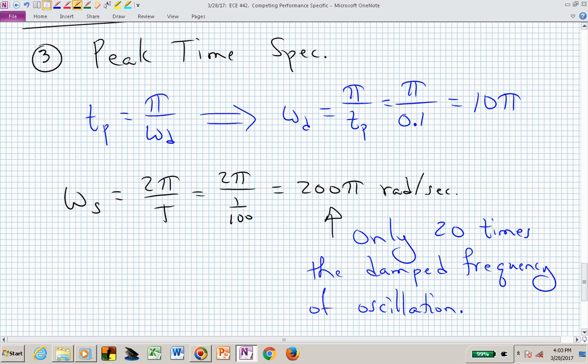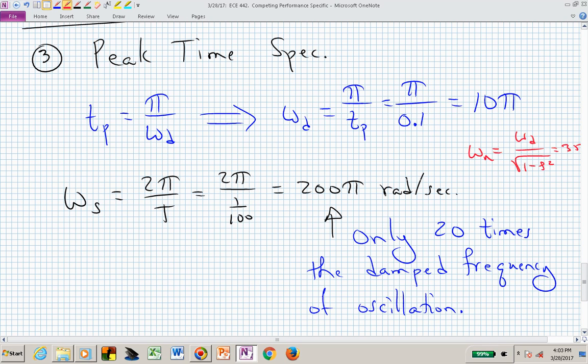That's really then only 20 times the damped frequency of oscillation, and for the given zeta value of 0.456, we actually have a natural frequency of omega sub d divided by the square root of 1 minus zeta squared. That actually ends up being closer to 35.